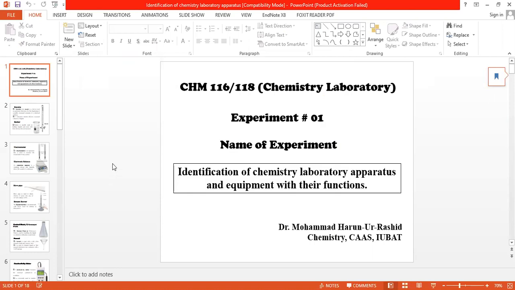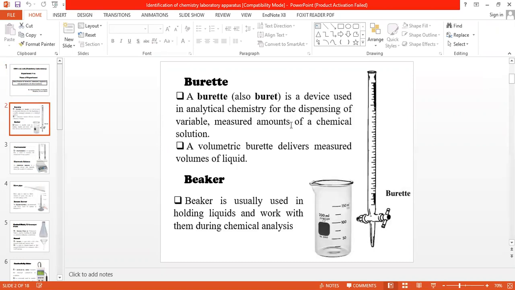That's why it is mandatory to write down the function as well as the diagram. You have to draw the diagram of the laboratory apparatus. Otherwise, it will be difficult for you to identify. So for the identification process, it is important to draw the diagram of the apparatus.